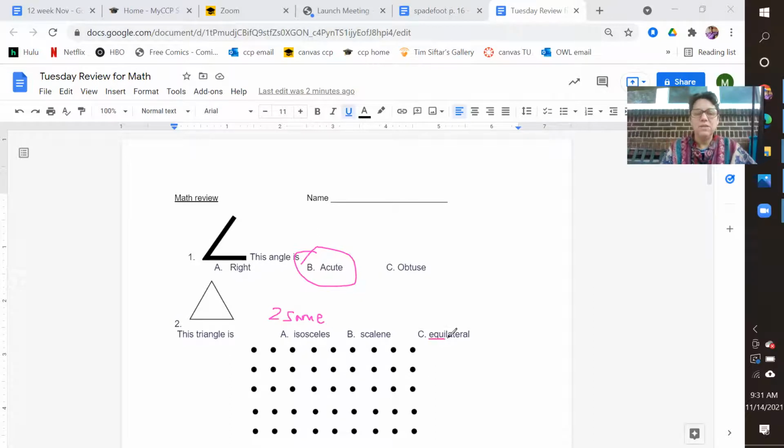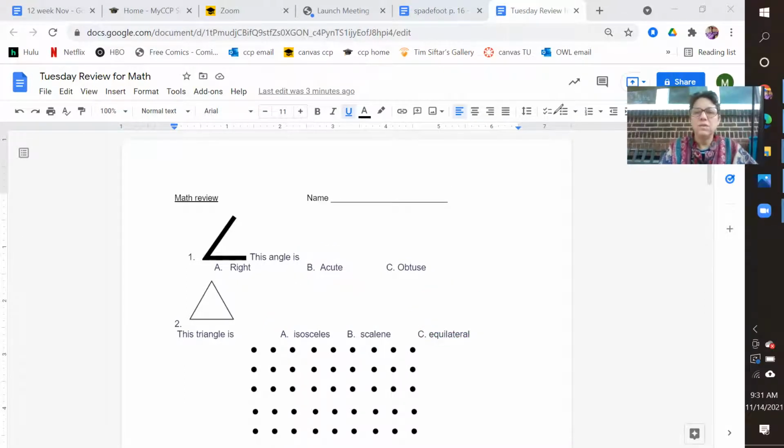And then you can see this one says equilateral. Equilateral is all of them are the same. So what does it look like to you? It looks like they're all the same. And so you're going to circle equilateral. All right, I hope this is easy for you so far.